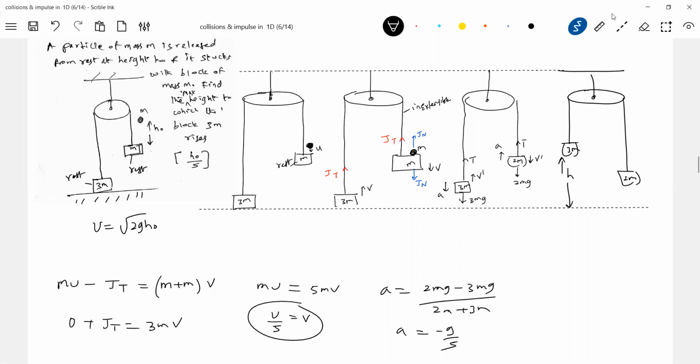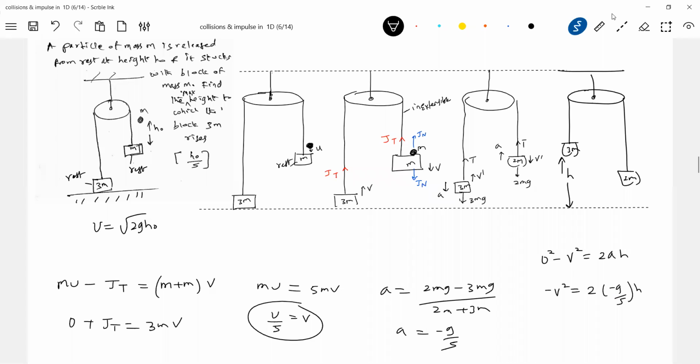So this is what is asked for us. How to calculate that? H is equal to, so 0 square minus v square equal to 2 a h. Uniform retarding motion. This will be minus v square equal to minus g by 5 into h.